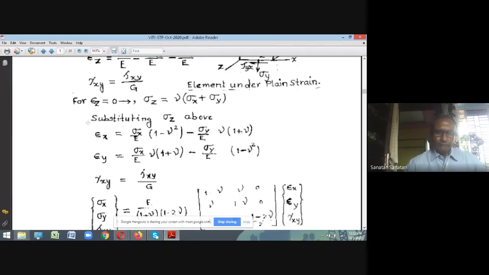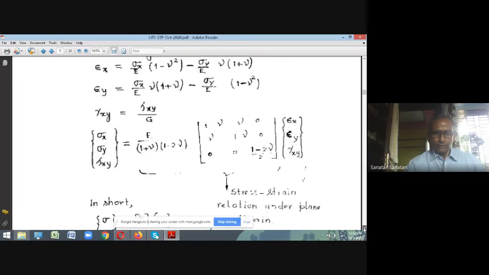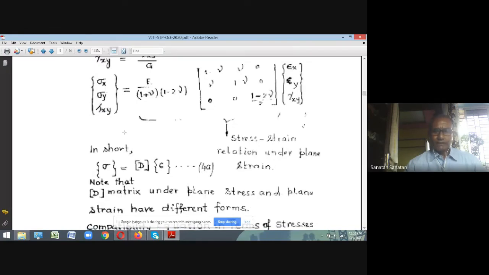Finally, therefore, we'll have through inversion epsilon x and epsilon y in terms of sigma x and sigma y, and gamma xy is given in terms of tau xy. And finally, if we write the stress matrix, it is going to have this stress strain matrix multiplied by the strain matrix.